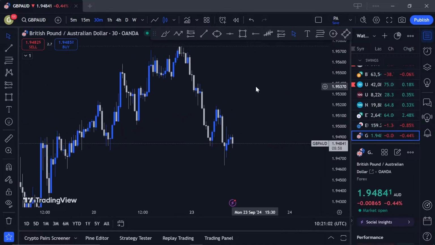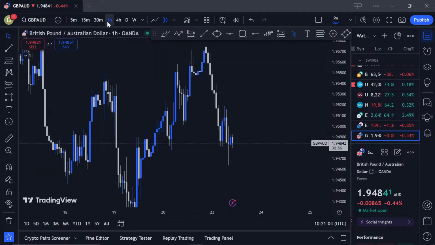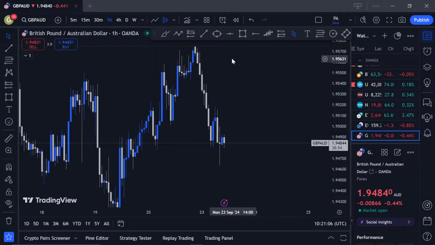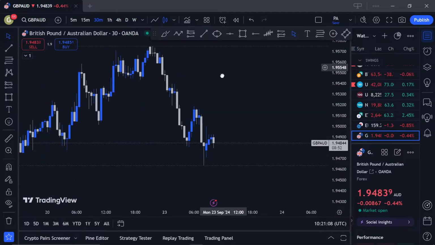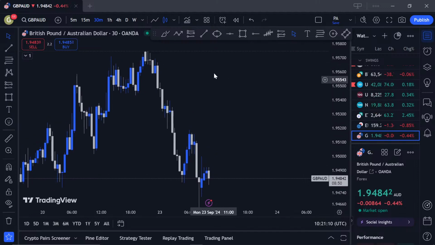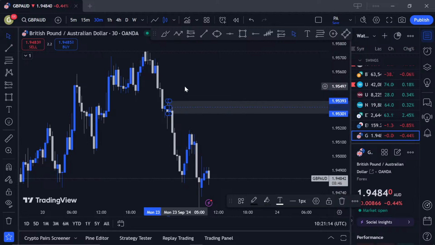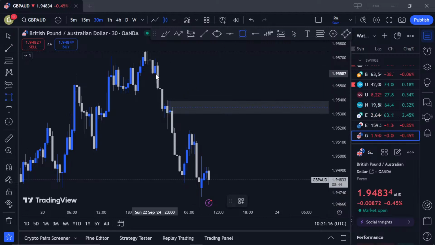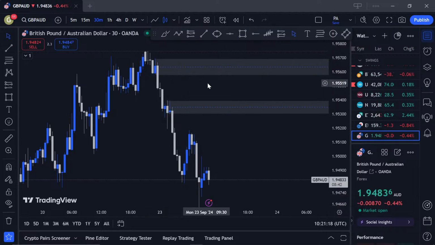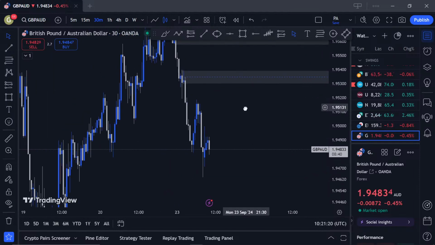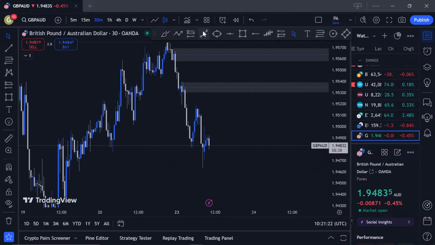Now looking at it right now, as the market is moving away, the market has actually given us other supply areas that we can consider on the 30-minute time frame. We have one of them right here, another one right here. This one has its liquidity right here.